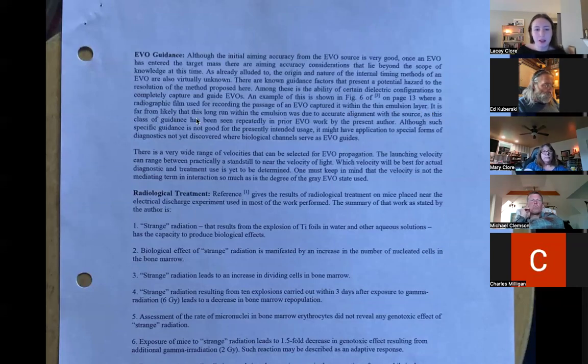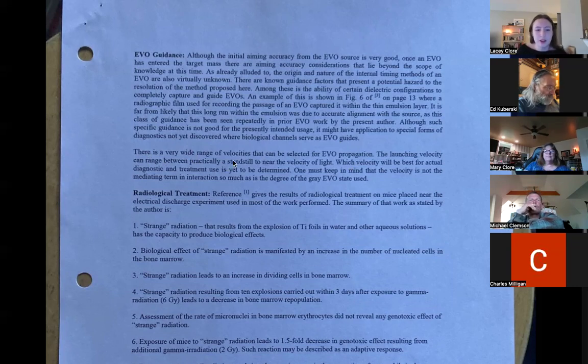It is far from likely that this long run with the emulsion was due to accurate alignment with the source. This class of guidance has been seen repeatedly in prior EVO work by the present author. Although such specific guidance is not good for the presently intended usage, it might have application to special forms of diagnostics not yet discovered where biological channels serve as EVO guides.